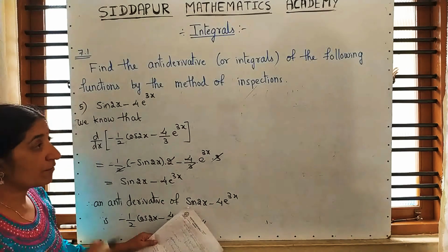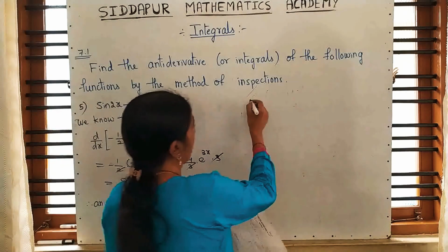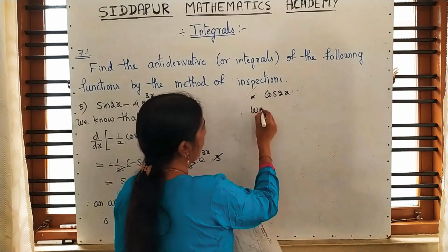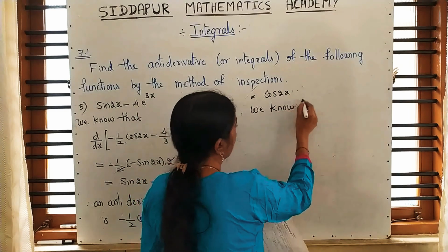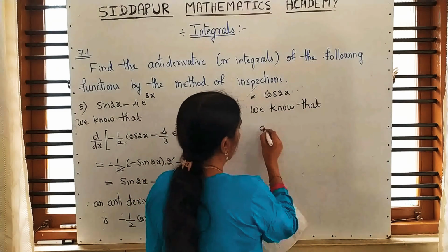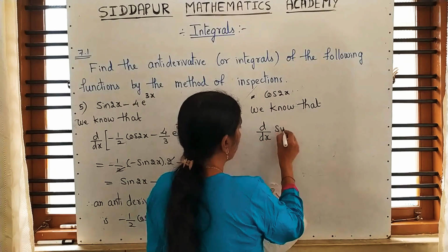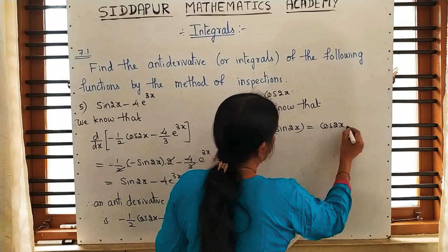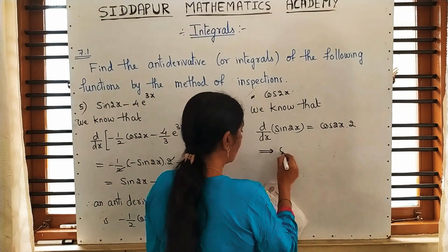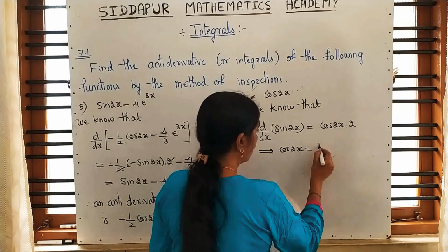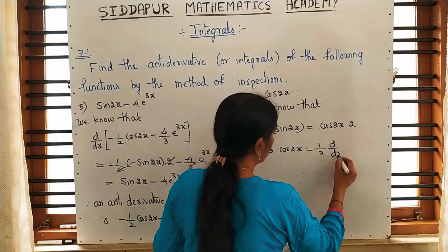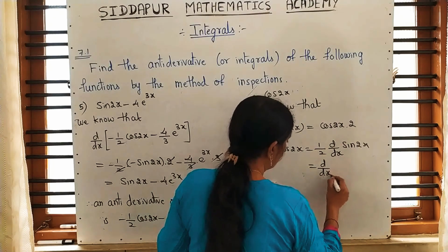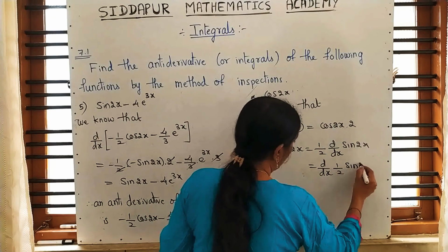In the same category, I will explain a worked example. See, the worked example is cos 2x. Already you are familiar. Differentiation of sin 2x is what? Cos 2x into 2. After rearrangement, or you can write, correct.